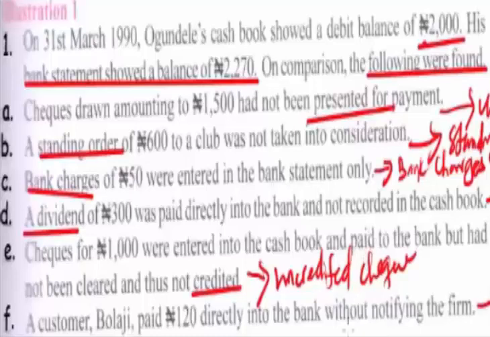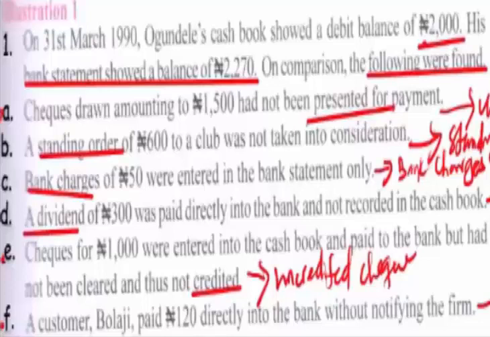So if we look at this illustration, we see that illustrations F and E kind of hid the classification for us to actually read through and classify by ourselves. It did not sell it out like the others that told us standing order, bank charges, dividend.